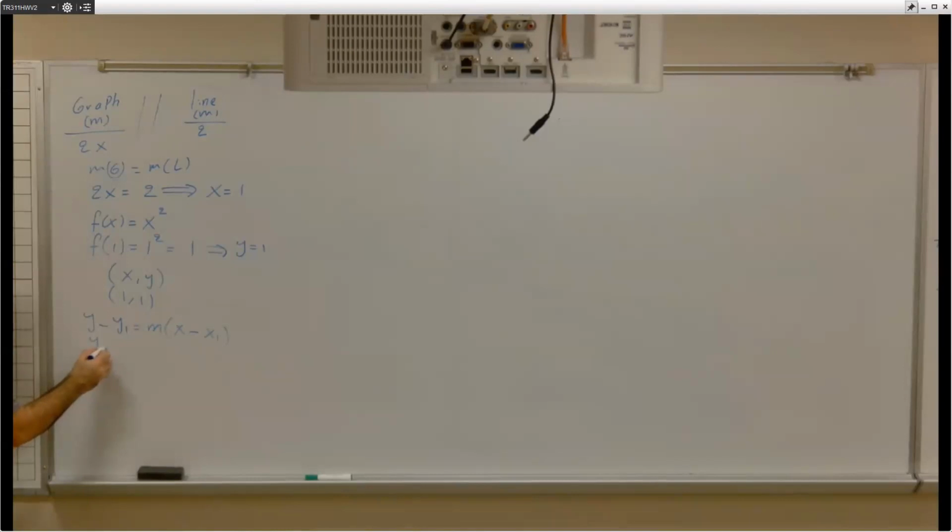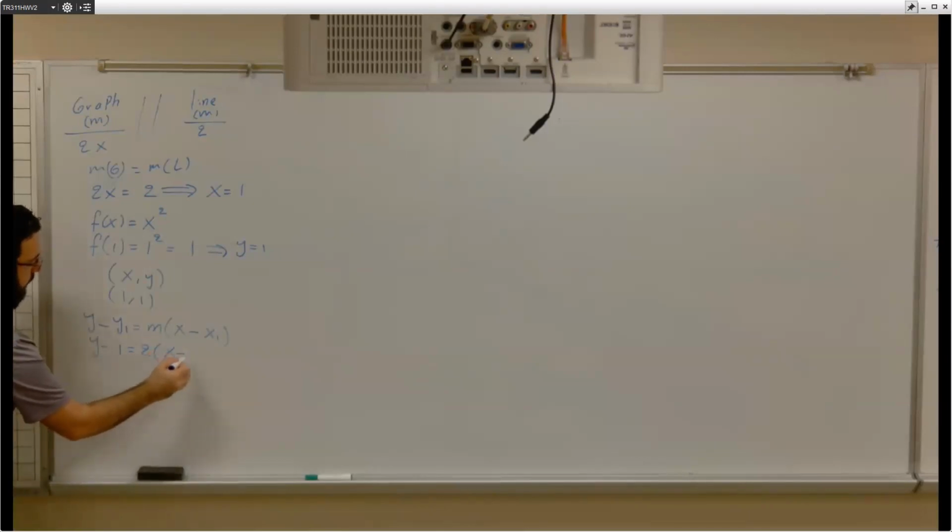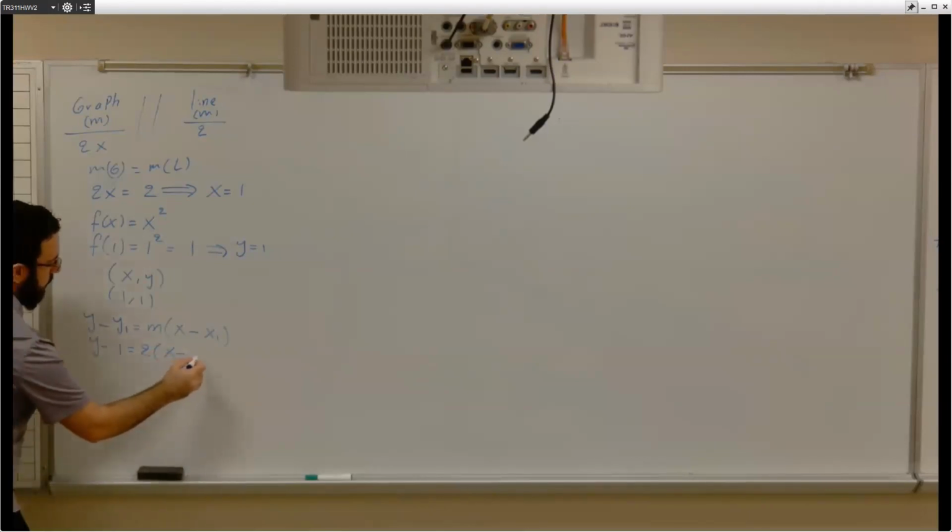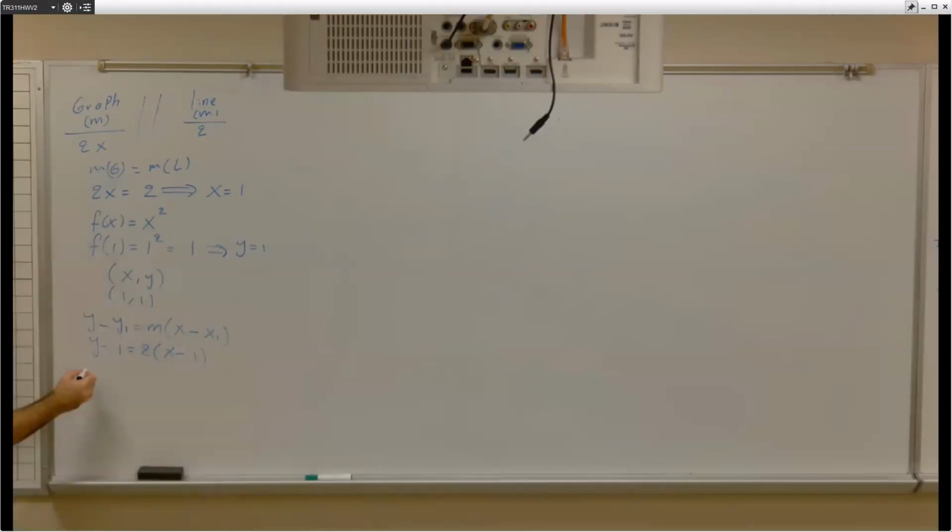So y minus y from the point equals 2 times x minus 1. So it's going to be, just solve this one, y minus 1 equals 2x minus 2. Move the 1 to the other side, you're going to add 1. So y equals 2x minus 1. So that's the equation of the line.